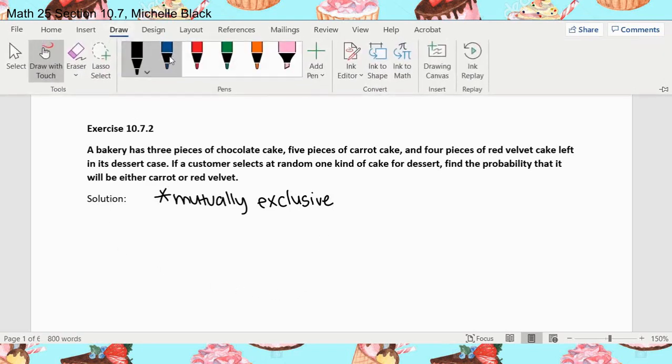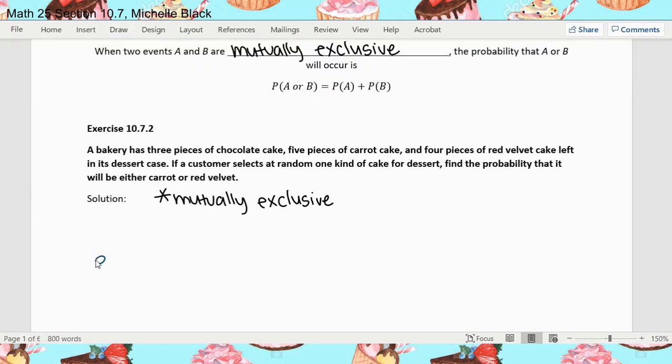So the probability of getting a piece of cake that's red velvet or carrot will be the probability of getting a piece that's red velvet plus the probability of picking a piece that's carrot. And again, I'm just using the addition rule.